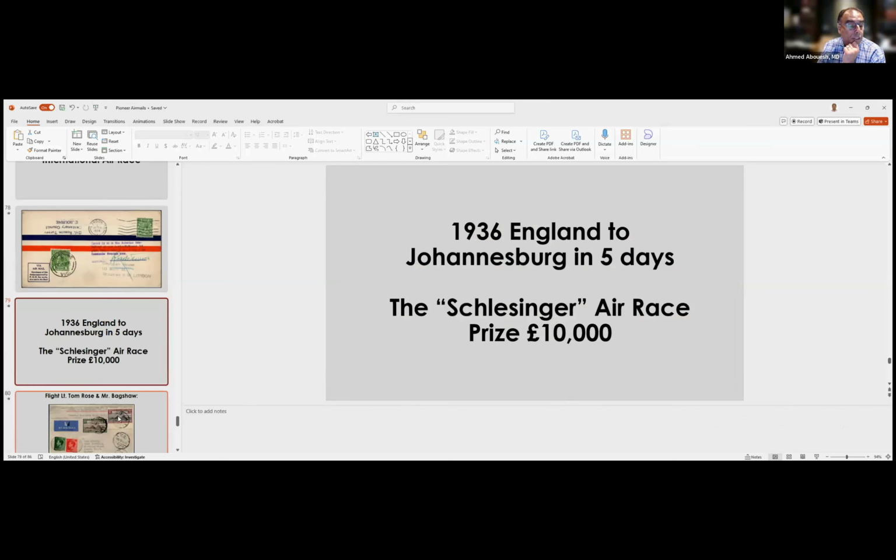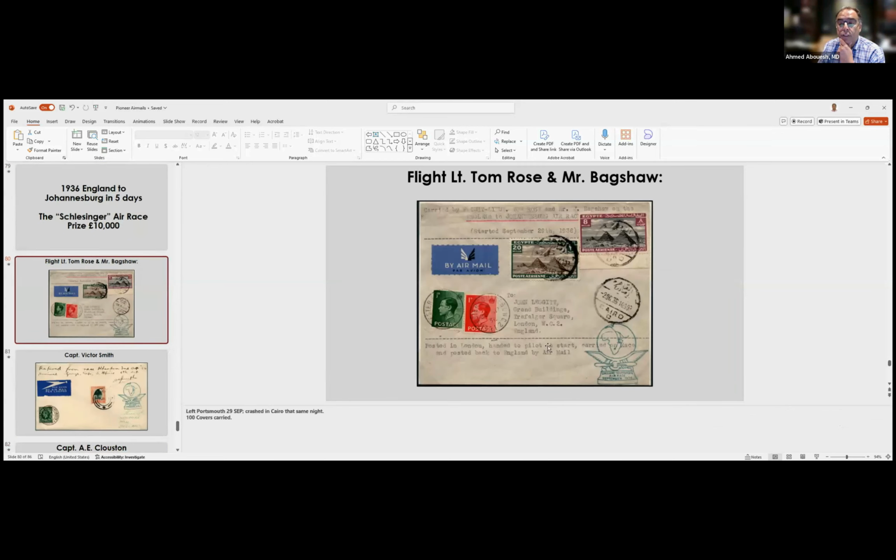The Schlesinger air race covers. This was a number of pilots that actually, this was a crash in Cairo on the 29th, didn't make it to South Africa.